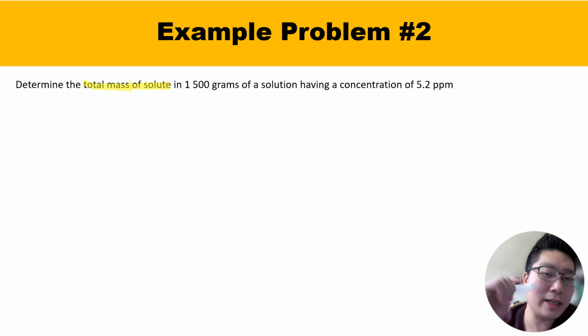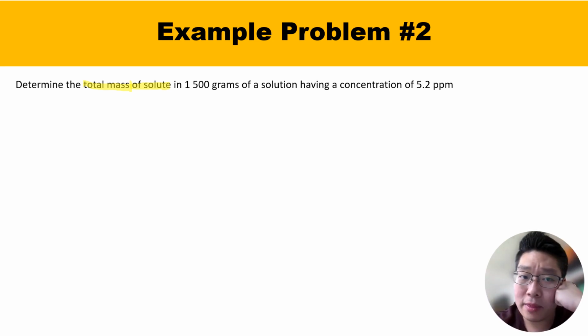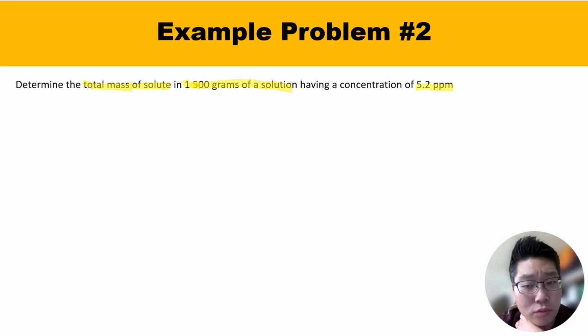So we already identify which one is the unknown variable, x if you will, in 1,500 gram of solution with the concentration of 5.2 ppm.